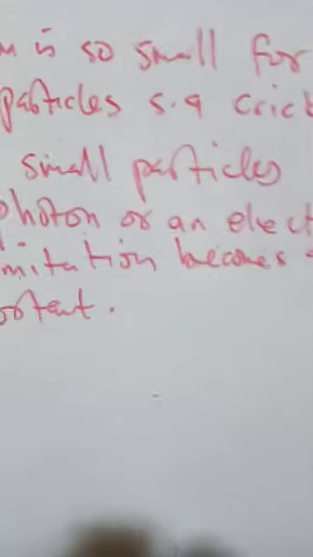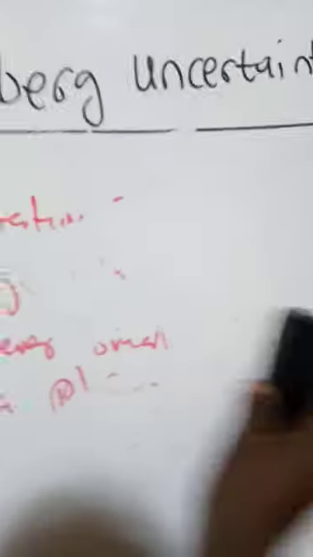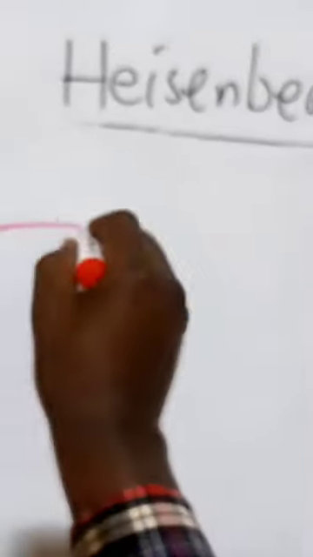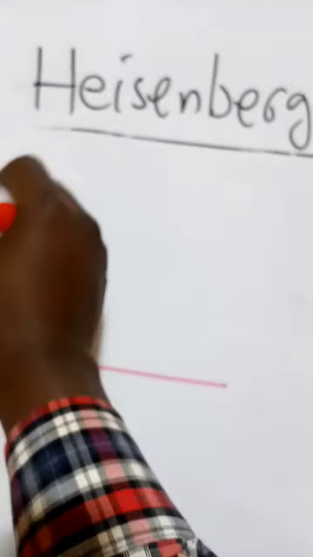So we shall illustrate with the cricket ball and an electron. Suppose this is the cliff.